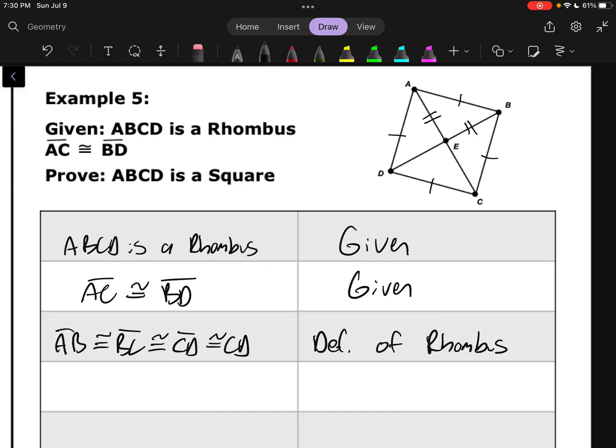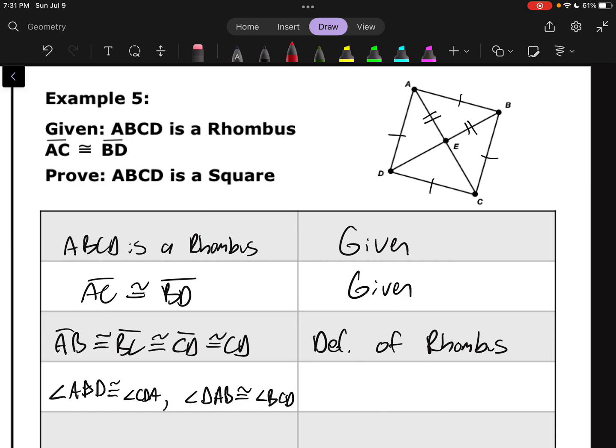Now, since a rhombus is a type of parallelogram, we should already know that angle ABD is congruent to angle CDA, and angle DAB is congruent to angle BCD.